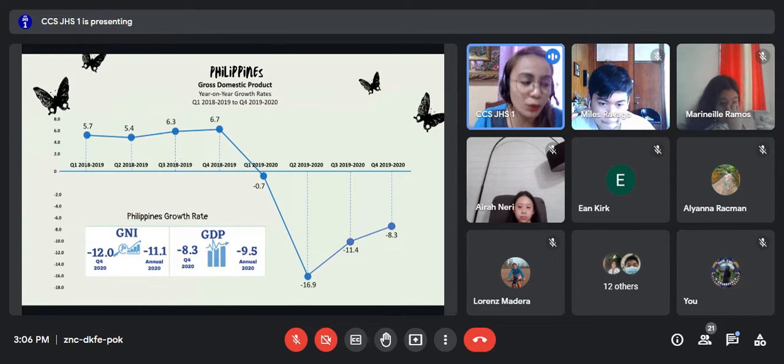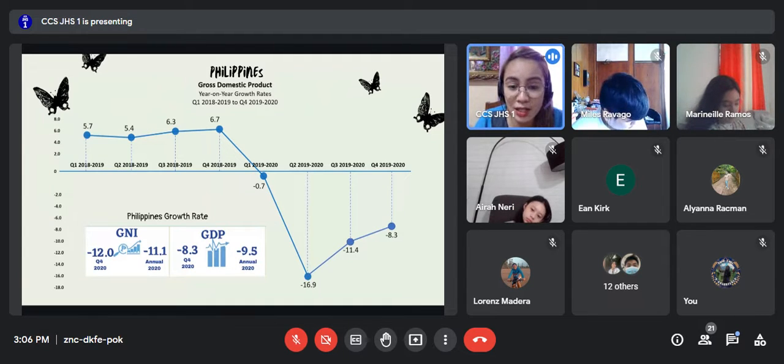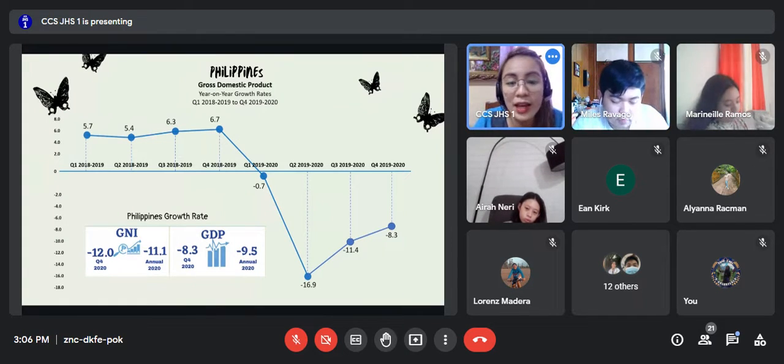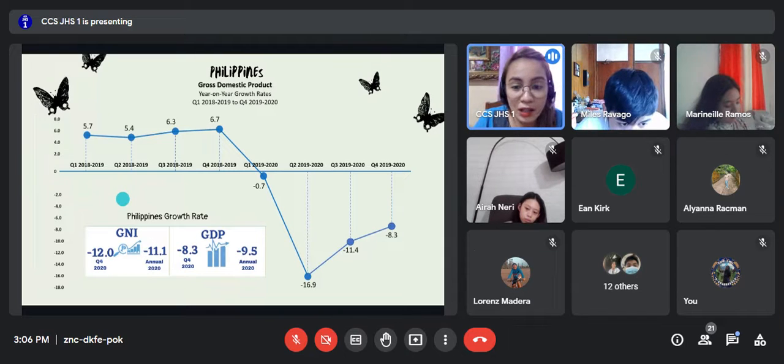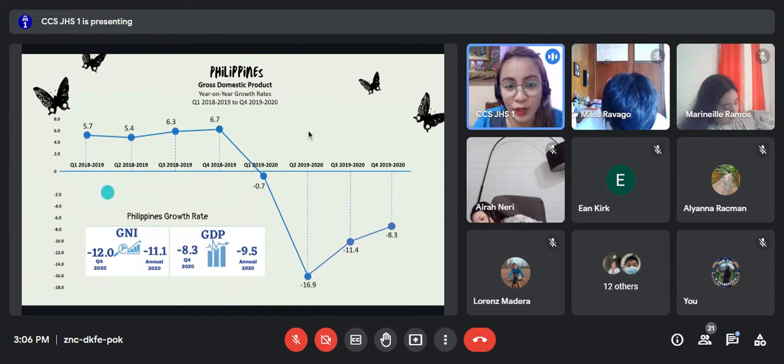I mean, there are workers who were still there during the onset of the pandemic. However, only essential workers, so very few. That was the reason why we reached an all-time low of negative 0.7 during the first quarter.